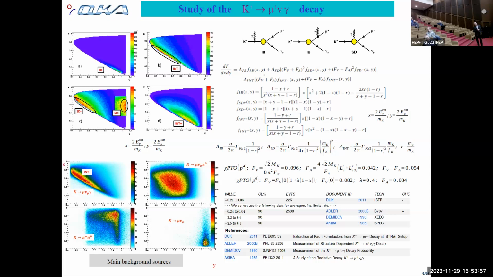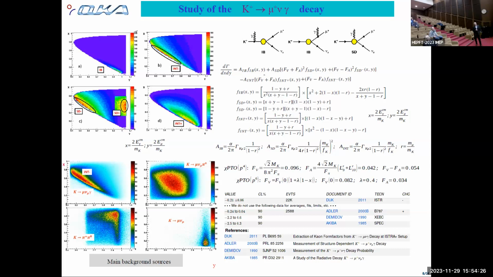You see, IB lives in this corner, INT minus lives on this border, SD plus here, etc. So after some study, we realized that we have some chance to catch this INT minus. So we studied the Dalitz plot in this region.